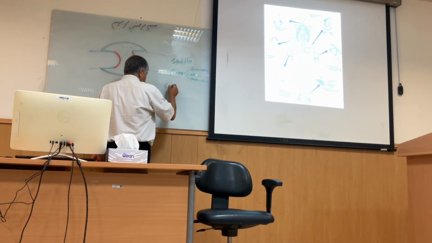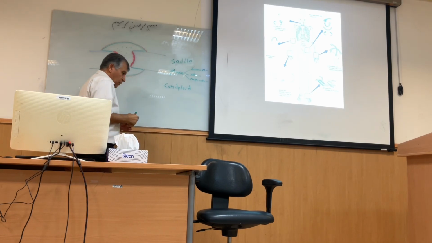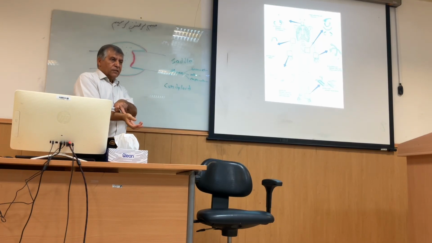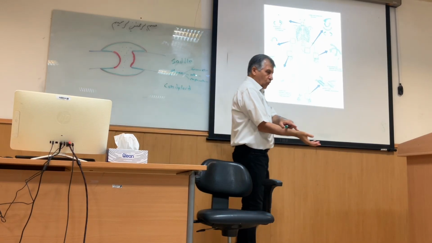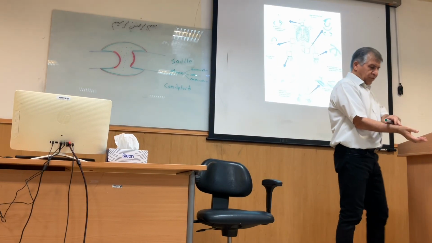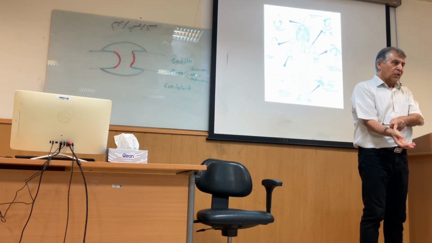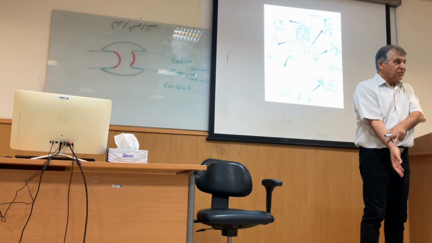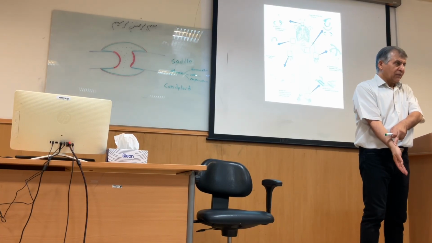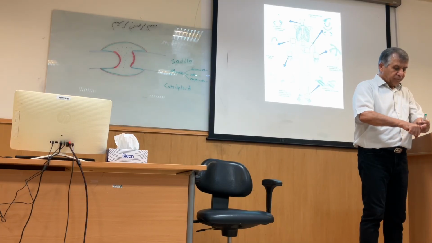Condyloid type. This one, the wrist joint or radiocarpal joint, is condyloid because we can see flexion, extension, abduction, adduction.